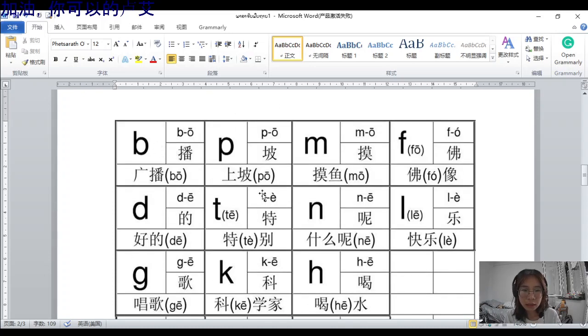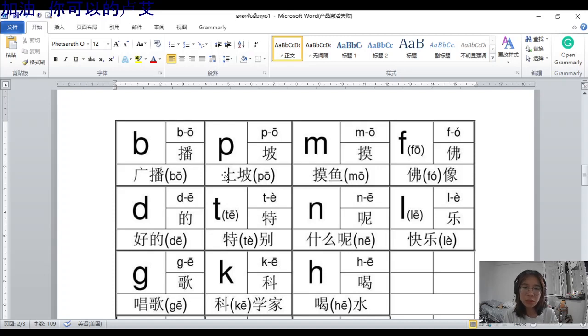Okay, look at the words that I show you. This is the Chinese pinyin consonants. You can repeat after me. For example, in English, you just learn the letters, right?